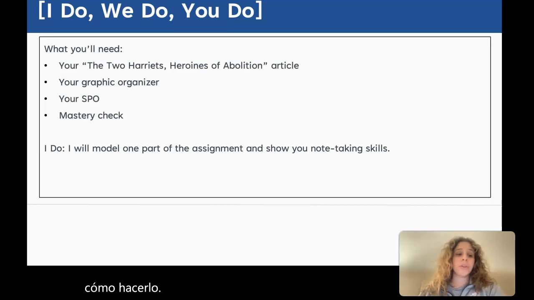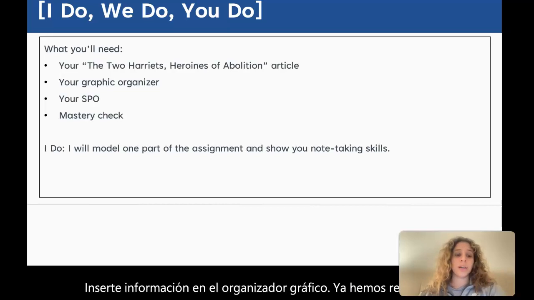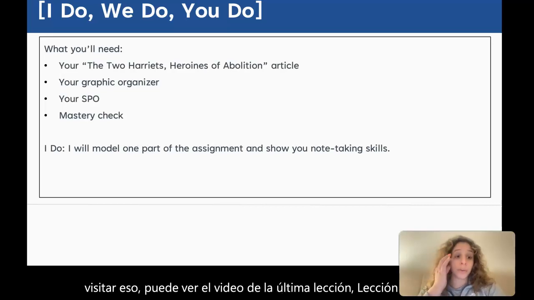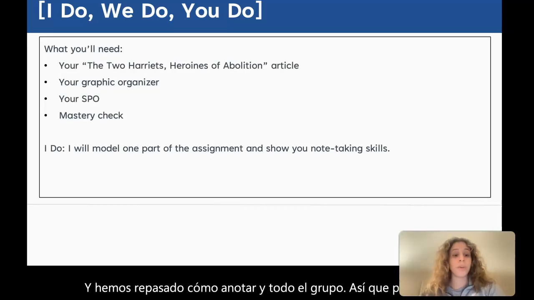We've already reviewed how to put information into an SPO. If you need to revisit that, you could look at the video from the last lesson, Lesson 2. And we've gone over how to annotate in whole group. So for right now, I'm going to focus on putting information into our graphic organizer.